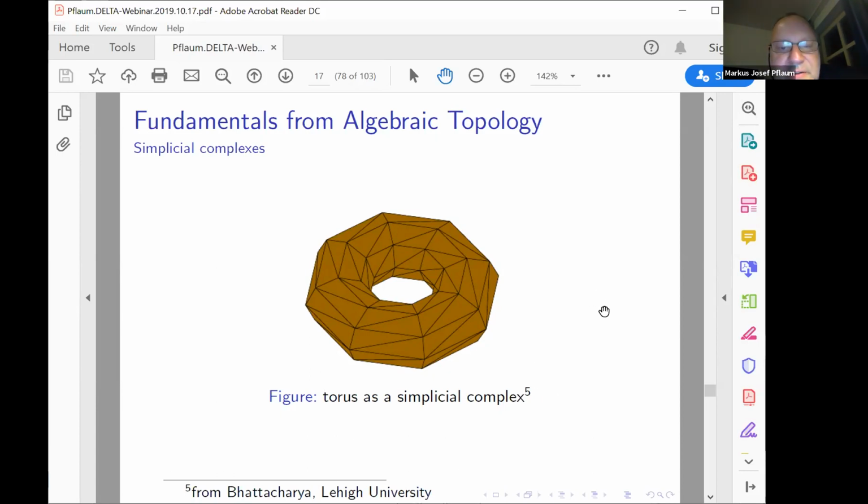There's a very fundamental theorem by Whitney, which tells us that a smooth manifold can be triangulated. Approximate is the wrong word, but for each manifold you can find a triangulation, meaning a simplicial complex, which is topologically the same, homeomorphic, to the original manifold.